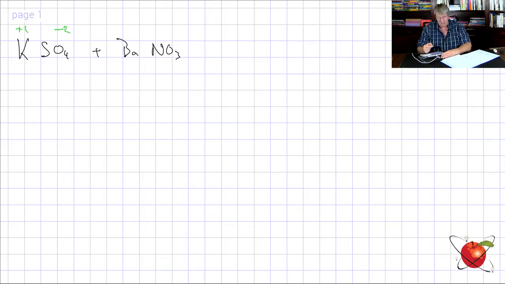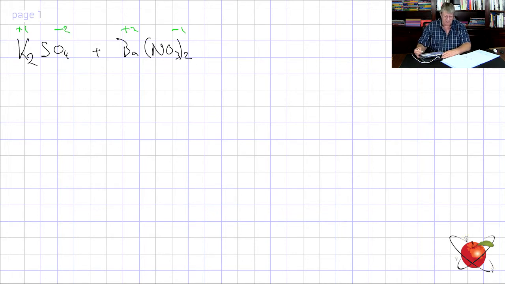It's in column 2, isn't it? Okay, so barium is +2. Nitrate is -1. So let's put in the balancing numbers before we start. We're going to have 2 potassiums to balance out that -2. Barium, we're going to have 2 of those to balance that out, right?